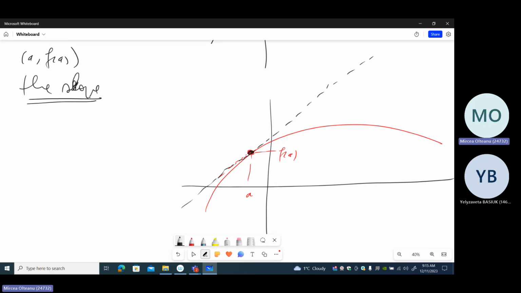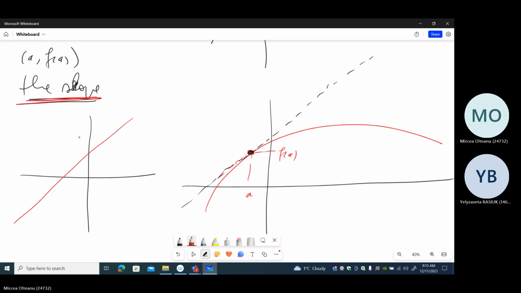So we make a parenthesis now. Let's consider a straight line, something like this. Then the slope of this straight line is defined as follows. Every such straight line has an angle with the horizontal axis OX, to the right.